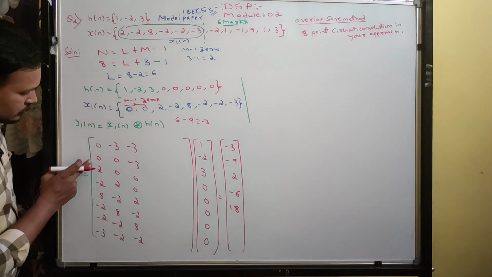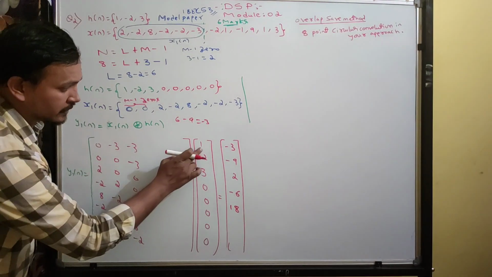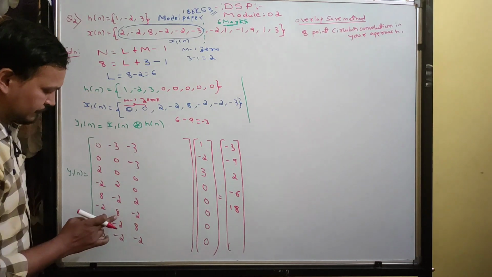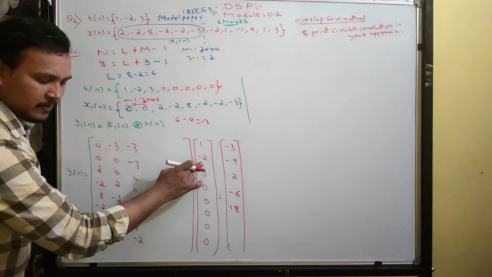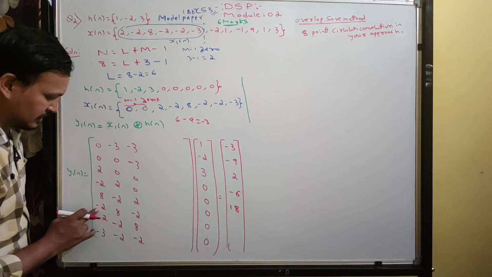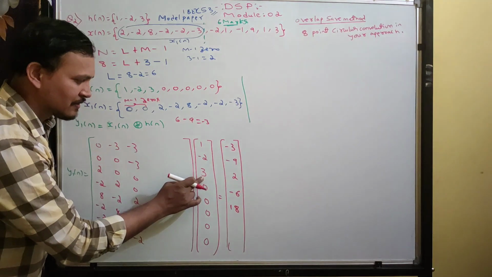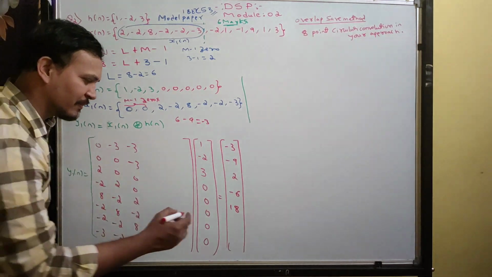So how many samples? 1, 2, 3, 4, 5. 5 samples. Next, this one. Minus 2 into 1, minus 2. 8 into minus 2, minus 16. Minus 16 minus 2, minus 18. Next, minus 2 into 3, minus 6. Totally minus 18 minus 6, minus 24.